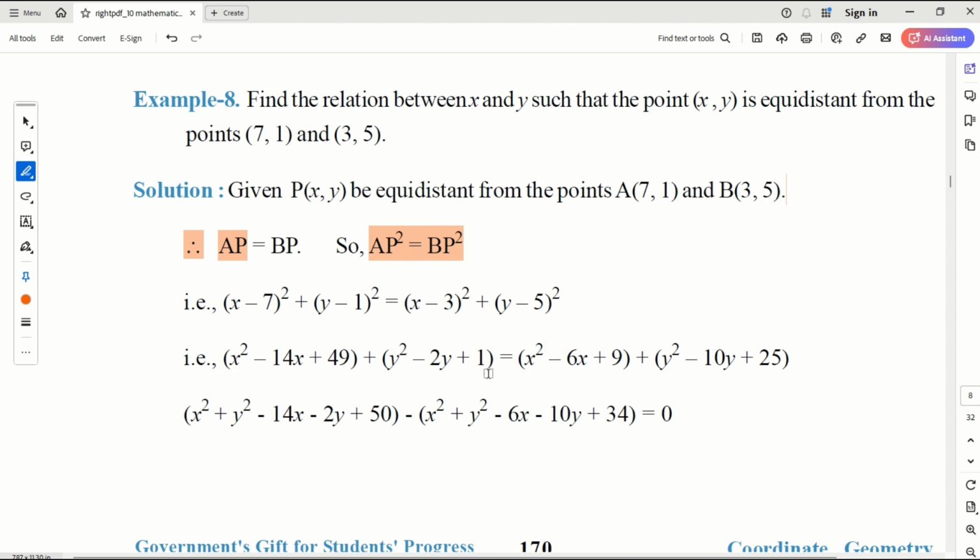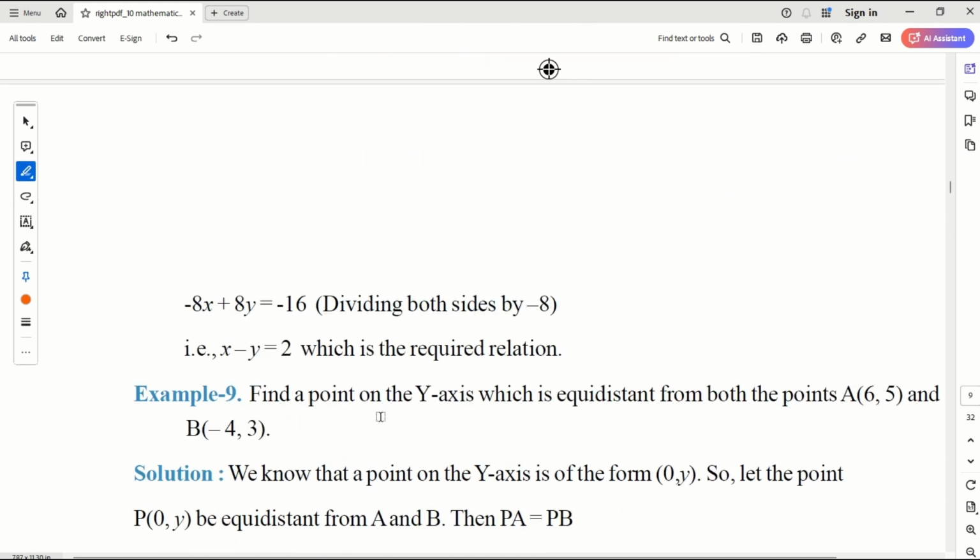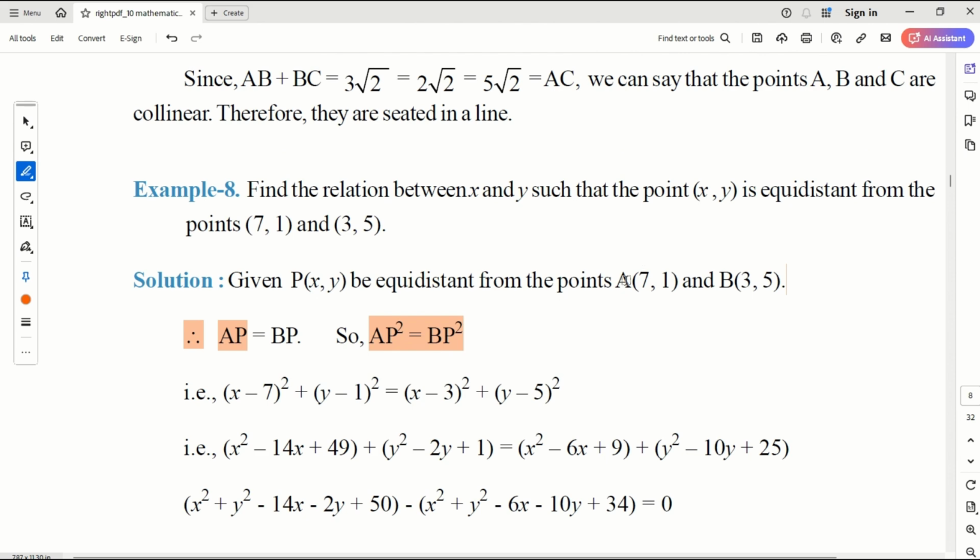If you expand them and remove the common terms, we are left with minus 8x plus 8y equal to minus 16. If I divide both sides by minus 8, I get x minus y equal to 2. Okay, so this is the relation of x and y which is equidistant from these two points.